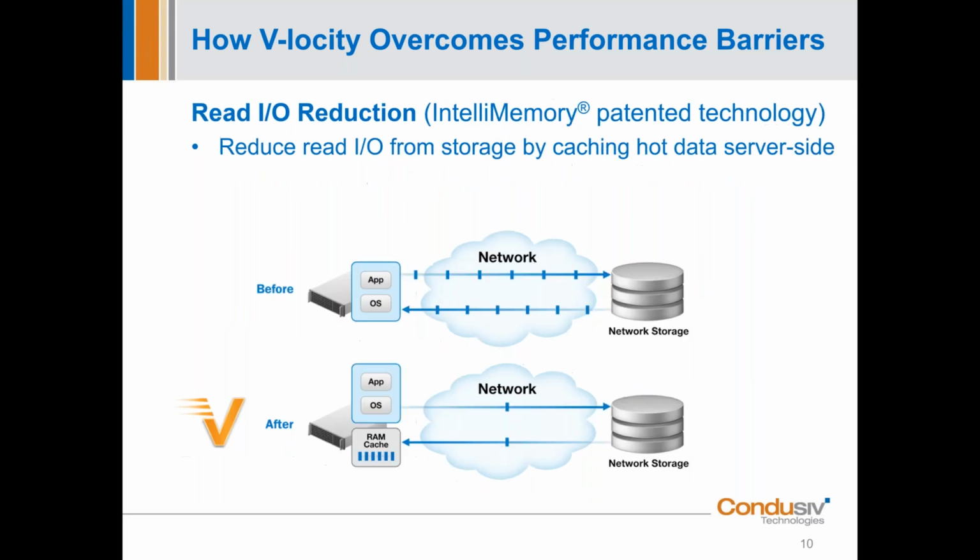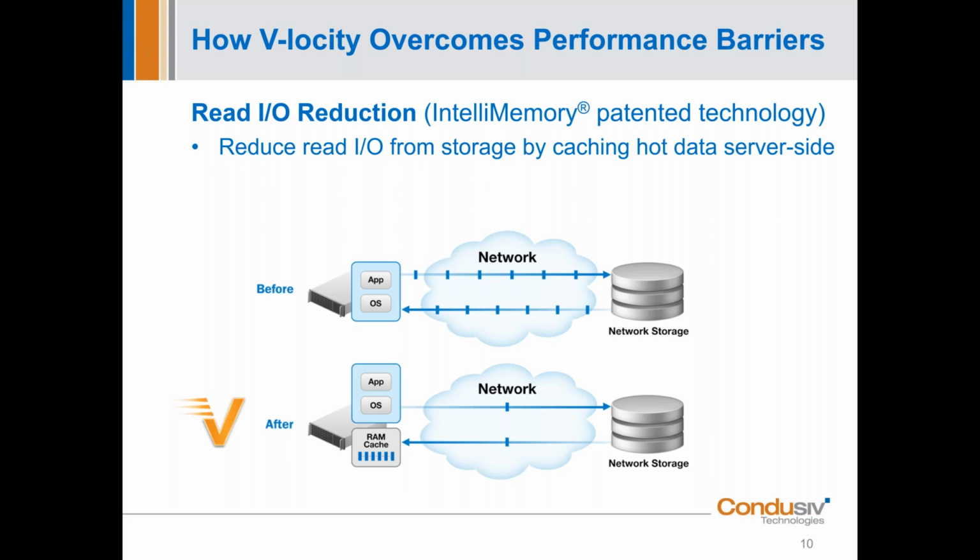In addition to sequentializing storage I/O traffic for greater throughput of data, vSphere provides an intelligent RAM cache that will allow your applications to be served hot reads at the speed of RAM instead of the speed of the disk storage layer and the network connecting it to the servers if you're using a SAN.